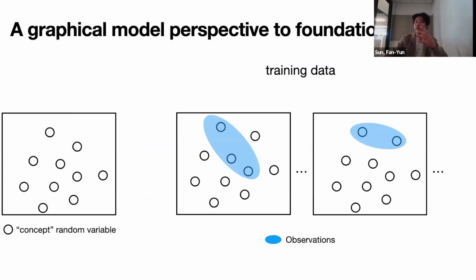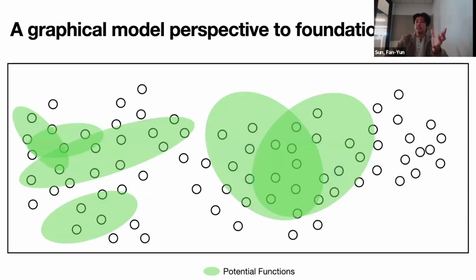During training, the model sees tons of these observations, and after training, it essentially learns a set of potential functions that cover every potential area. Every potential function covers an area within this random field.